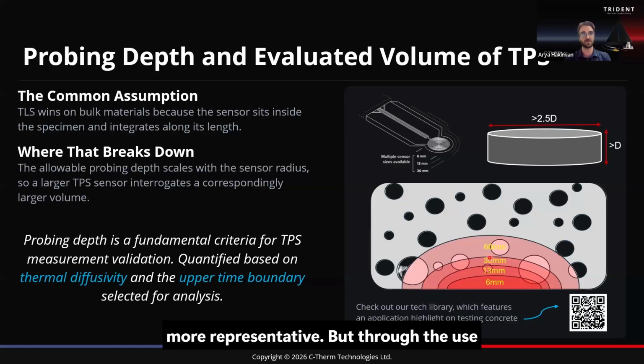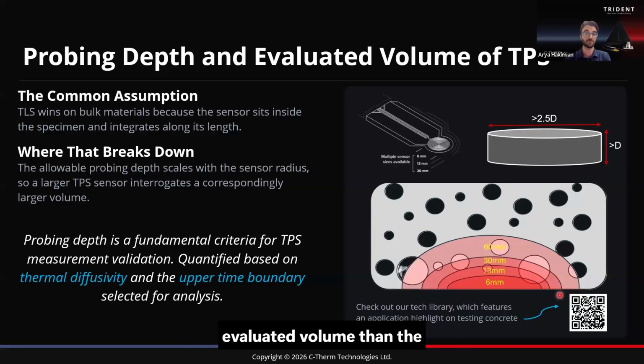But through the use of the larger sensors, you can in some cases get a larger evaluated volume than the TLS. So I would push back a little against the comment that TLS is the be-all and end-all of more representative output. We actually have some different application highlights on concrete. You can find those in our tech library.